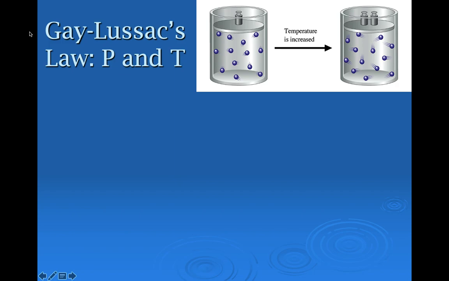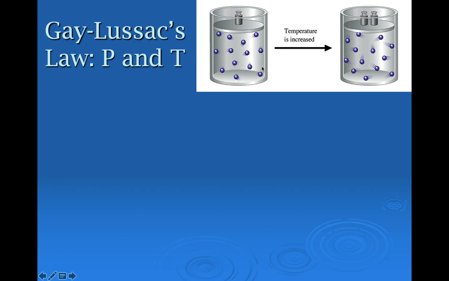So in this case, we're only involving pressure and temperature with Gay-Lussac's law. And that means the volume stays constant. So in the picture, the volume never changes. So we have no change in volume. The space inside this container is the same in both of these pictures.